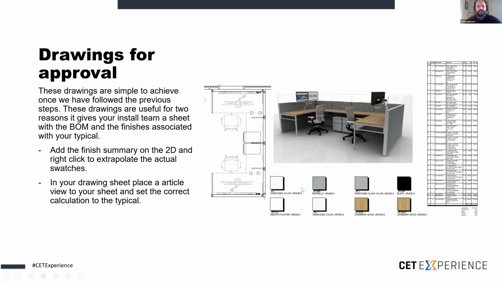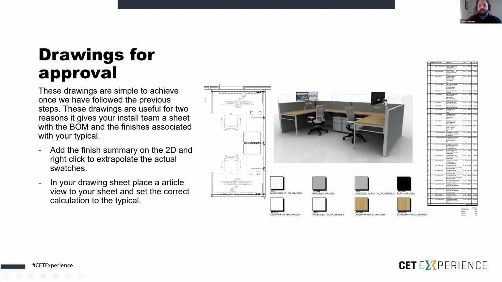And remember how tagging helps out? You can get the materials from each tag, importing that in your drawing as well. And you don't really need to send this out for client approval, but maybe just for your sales team, just to review the finishes, making sure that the finishes are on there correctly. Even for yourself, when you're spec checking, have this on there.